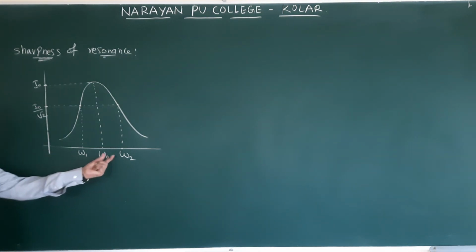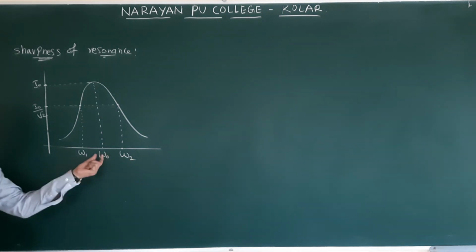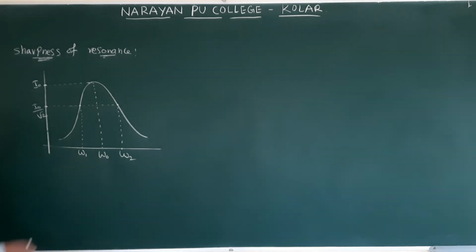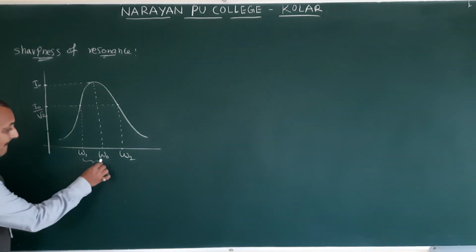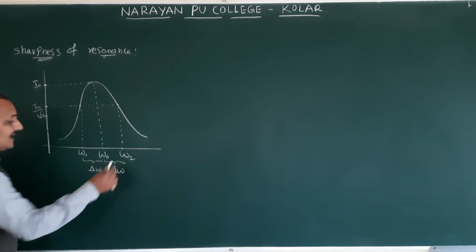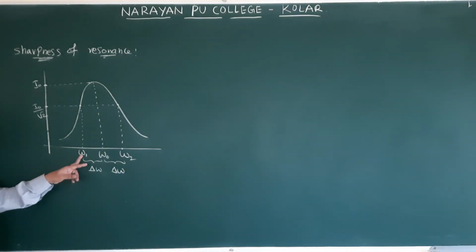So omega 1, omega naught, omega 2. Which value is more among these three? Omega 2 is more. And some difference is there between omega 1 and omega naught, and between omega naught and omega 2. That difference we are calling delta omega.